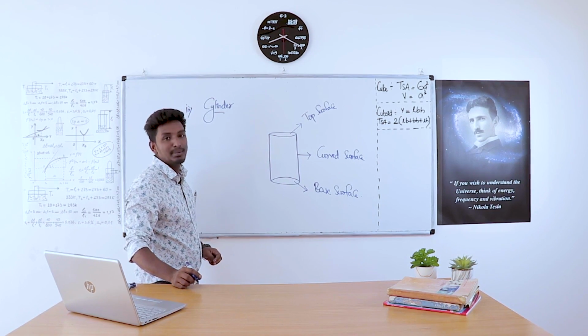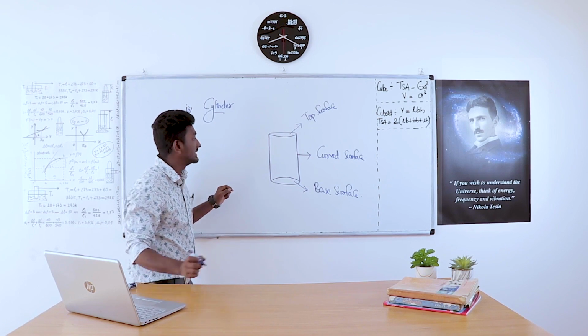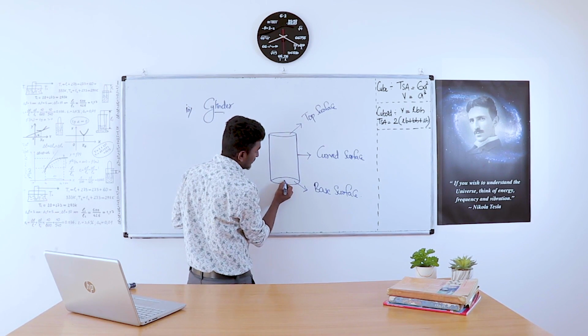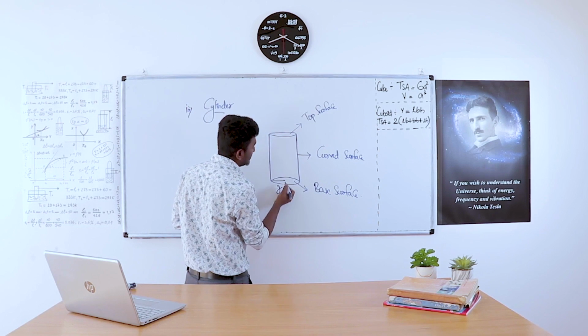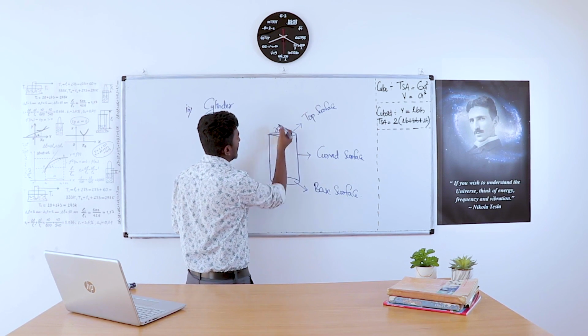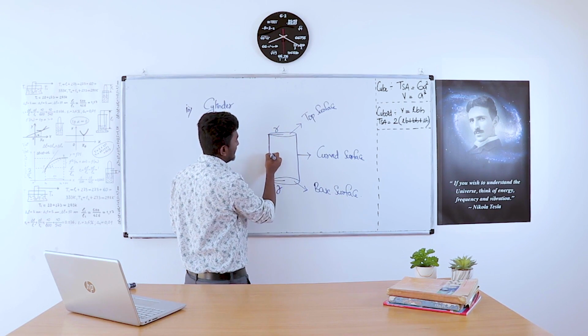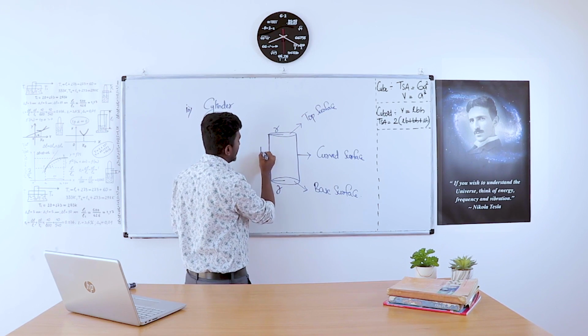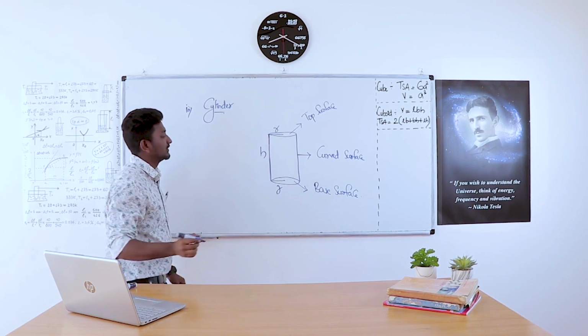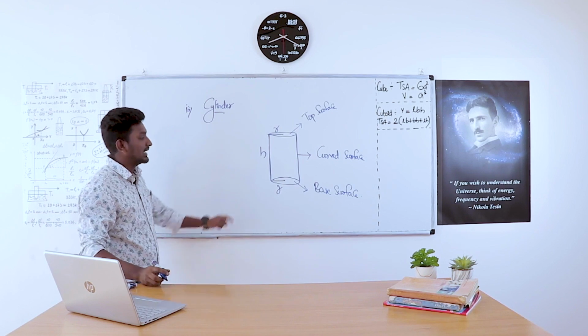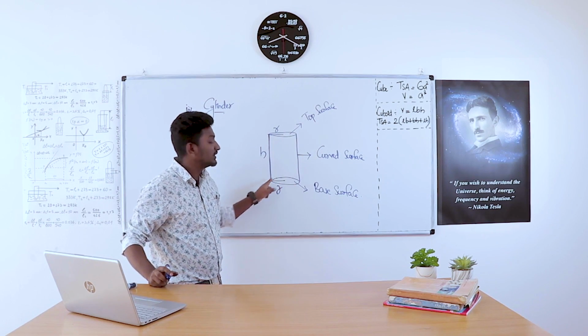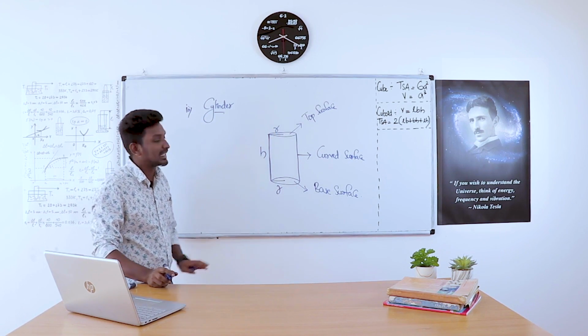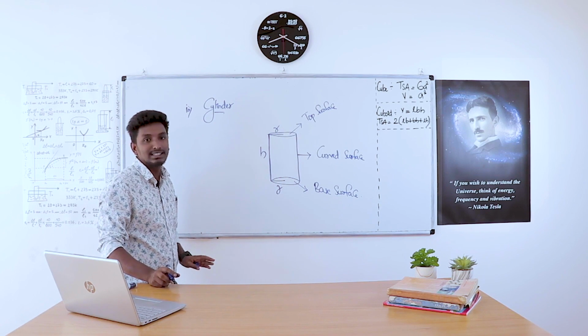For the top and base surface, the shape is a circle. If we take the radius of the base and the top as r, and the height of the cylinder as h, the base and the top surface are circles with radius r.